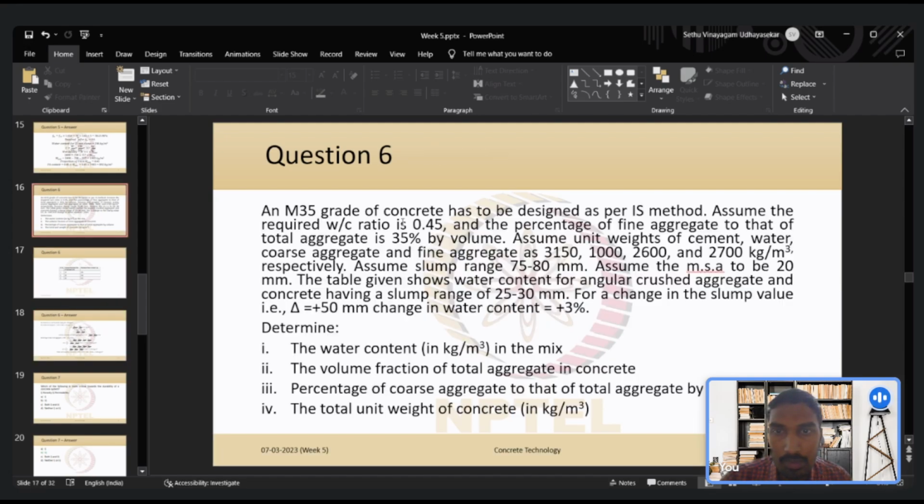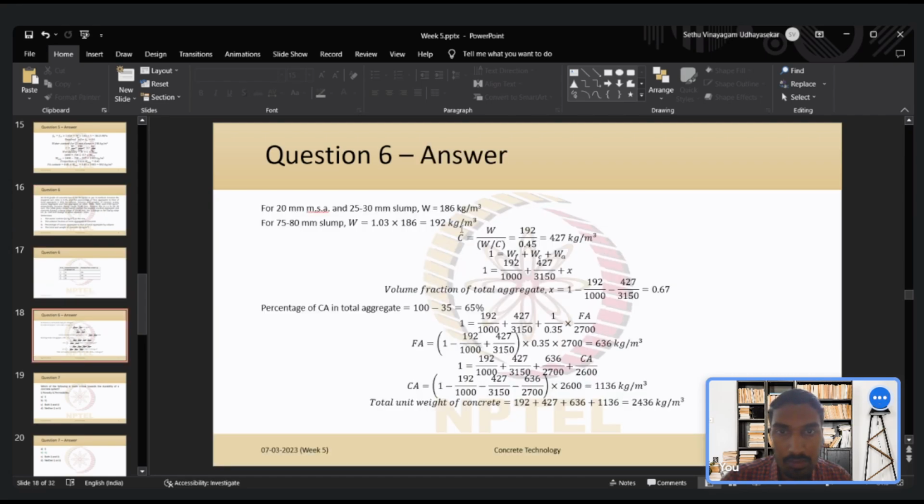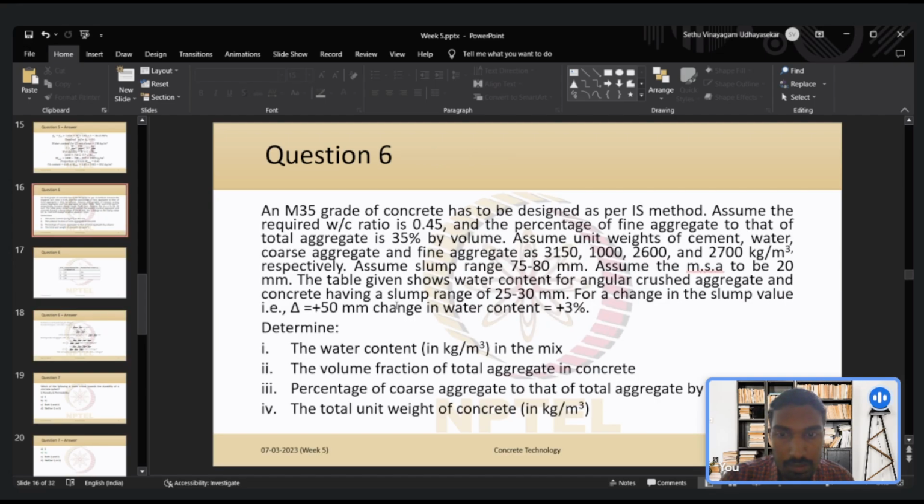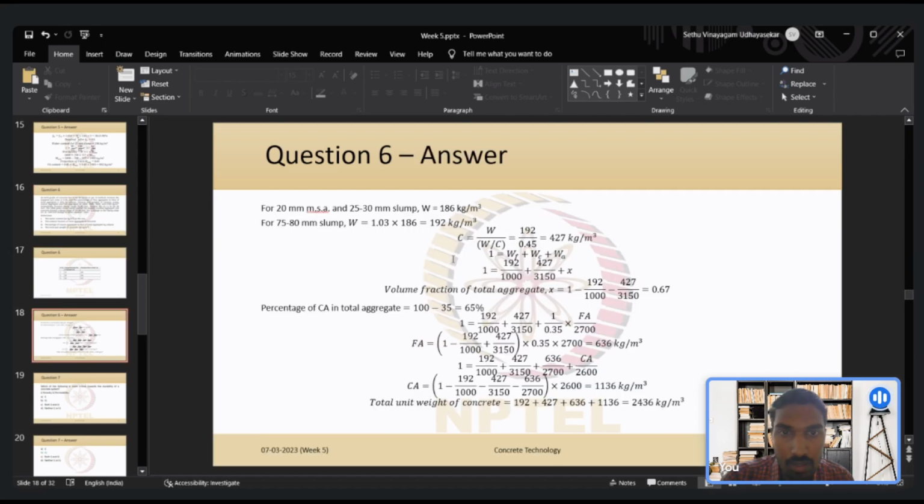Then we found out the cement content. The water to cement ratio was given to us as 0.45. So the water content, which is 192, divided by the water to cement ratio gave us the cement content of 427 kilograms per meter cube. Then we were interested in finding the volume fraction of the total aggregate in the concrete. So how did we find that? The total volume fraction is 1, right? This is composed of the volume contributed by the water, cement and the aggregates.